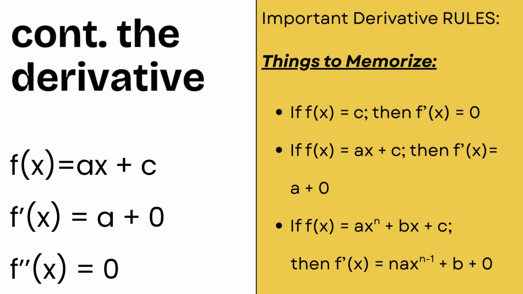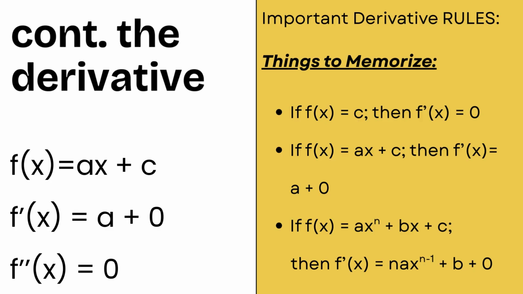With the derivative, there are a lot of important derivative rules and a lot of things to memorize. But if we can truly understand the concept of a derivative, that it means the instantaneous rate of change or rate of change at a point, then it's going to be easier for us to apply these derivative rules when given any question. We found the first derivative of this function ax plus c in the previous slide.